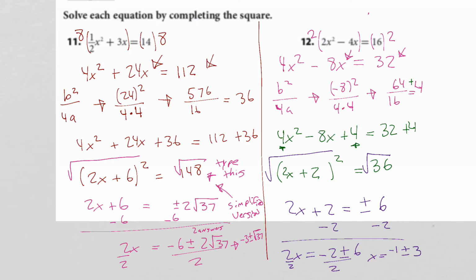And keep in mind, this represents two answers. Well, what is minus 1 plus 3? So one of our answers is going to be 2, x is going to equal 2. And what's minus 1 minus 3? x is also going to equal minus 4.